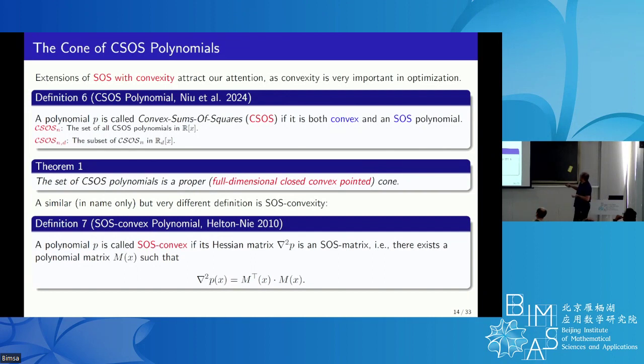Both of them are convex, but the latter may not even be non-negative. So they are in fact different, and we have also shown that SOS convexity cannot be written as a linear combination of CSOS if it is defined as negative.